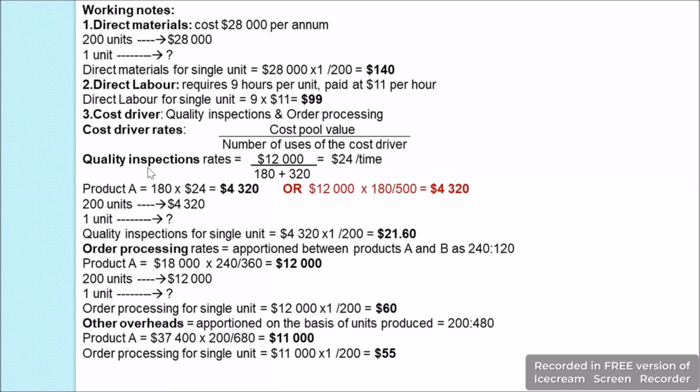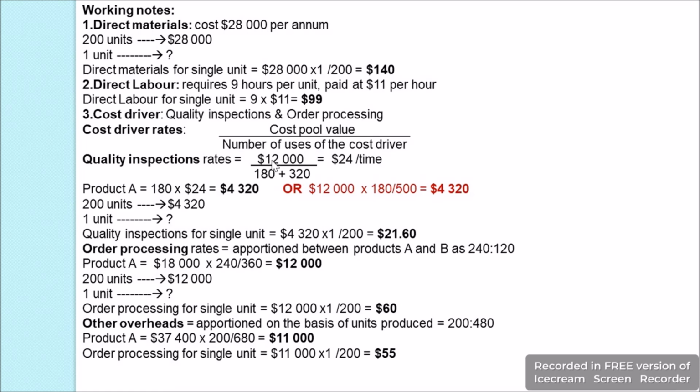So for the quality inspection rate, we'll take the cost pool value which was given as $12,000 and the number of uses of the cost driver, that is, for quality inspection we have 180 quality inspections for product A and 320 quality inspections for product B. So together it will be 500 quality inspections.